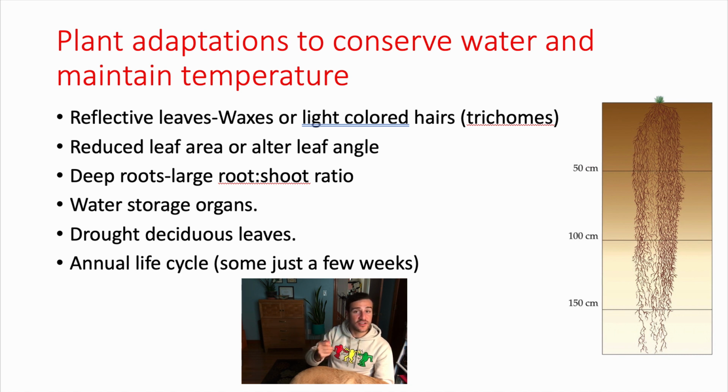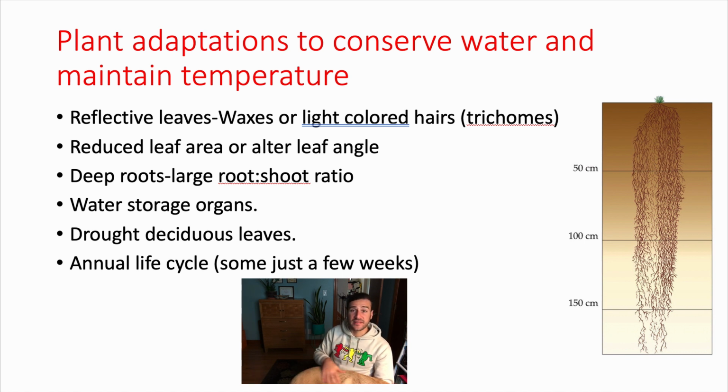So these surfaces actually increase the plant's albedo, which is contrary to what you might think. You think that plants around the world are just going to want to absorb all the sunlight, but in these biomes, there's not enough water to support and cool down.